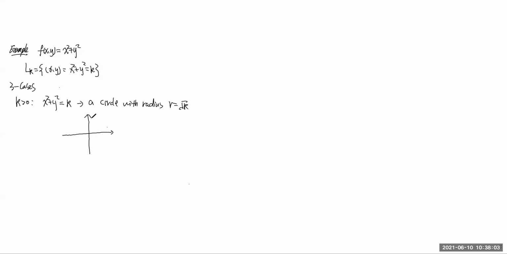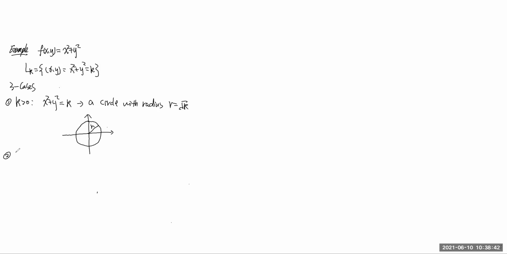I know sometimes it's easy to miss, you mix everything together and then you make a mistake. That's a common mistake. So this is a circle with radius r. You can say if k gets bigger and bigger, your circle gets bigger and bigger. Okay, this is case 1.